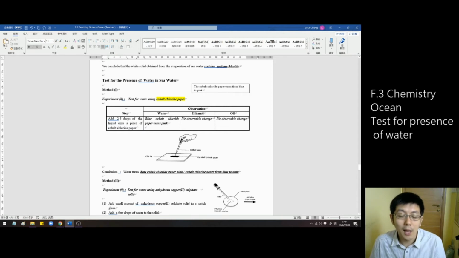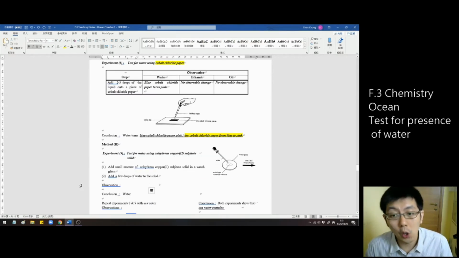Or actually, I should put one more word here: turns dry cobalt chloride paper from blue to pink. Turns dry blue cobalt chloride paper pink. I prefer this version. Turns dry cobalt chloride paper from blue to pink.